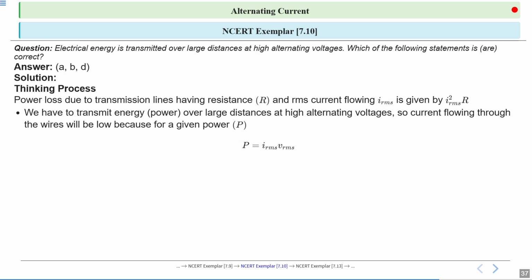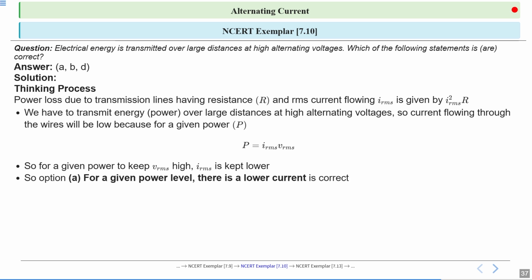So P is equal to I_RMS V_RMS. For a given power, we keep V_RMS high, due to which I_RMS is kept lower. So for option A, for a given power level, there is a lower current, is correct.